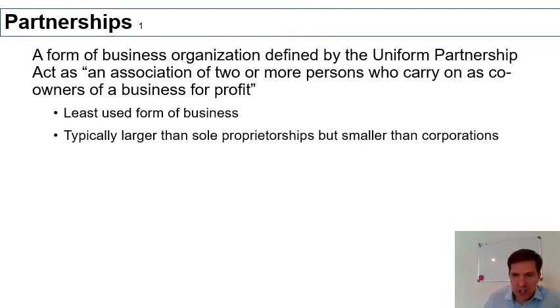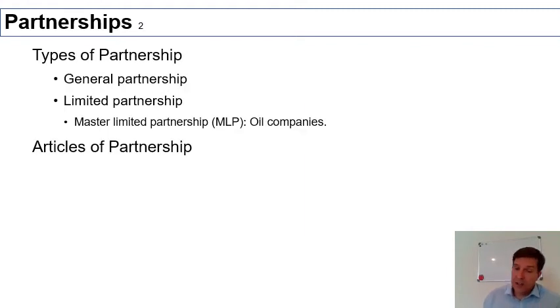And they tend to be larger than the sole proprietorship, although it doesn't have to be. And they are quite infrequent. If you remember the chart that I showed you before, if you add the two corporations as just a corporation, the partnerships are the smallest number of firms in the United States. So they are less common. Okay. Now, there are different types of partnerships. There are general partnerships, and there are also limited partnerships. Okay.